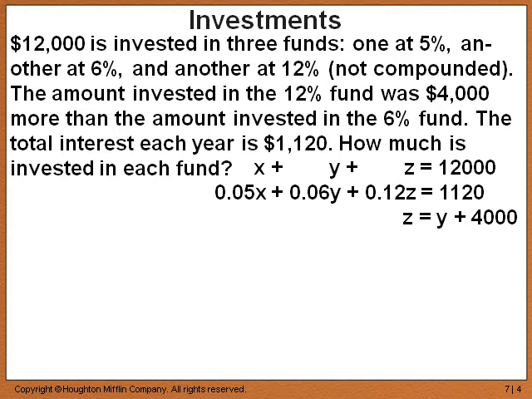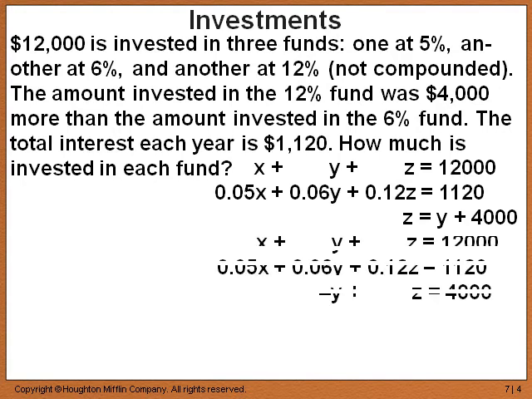All right, these are three equations. As you can see, it doesn't quite look like a system yet, but we can change that easily by simply rewriting row 3. So we have x plus y plus z equals 12,000, 0.05x plus 0.06y plus 0.12z equals 1120, negative y plus z equals 4,000. And finally, this is just to get you started in the right direction.